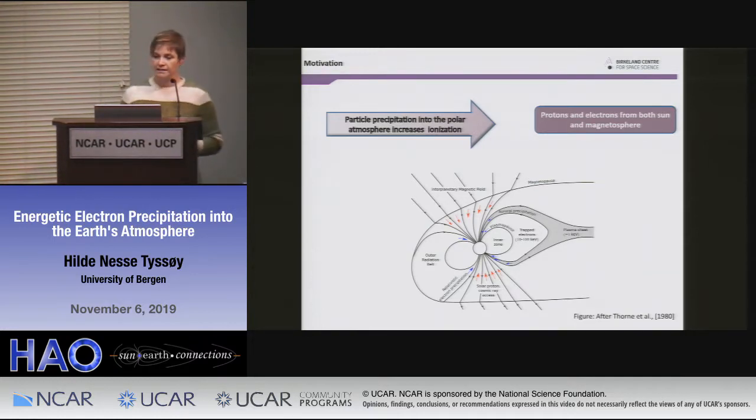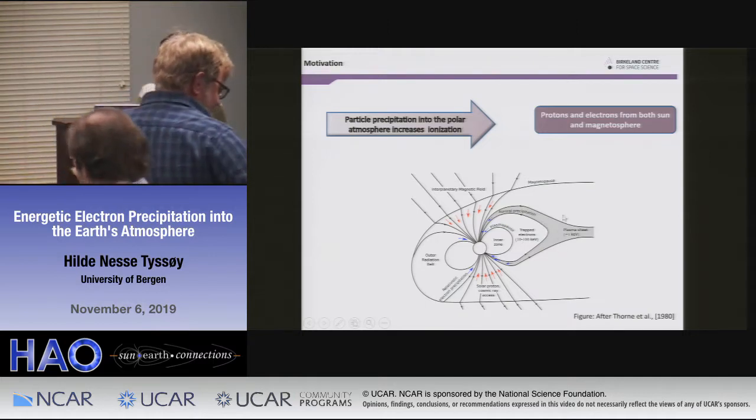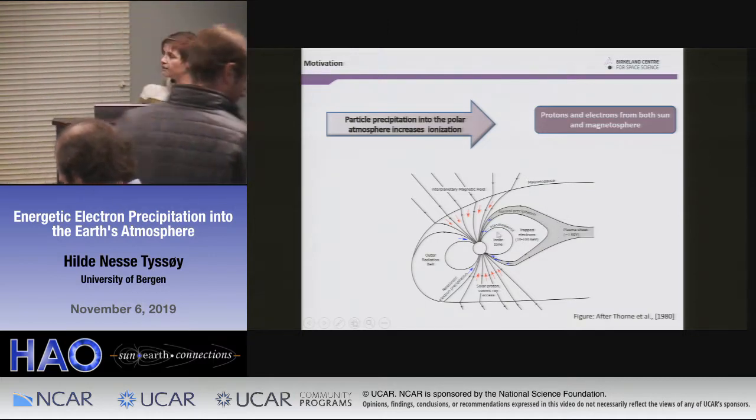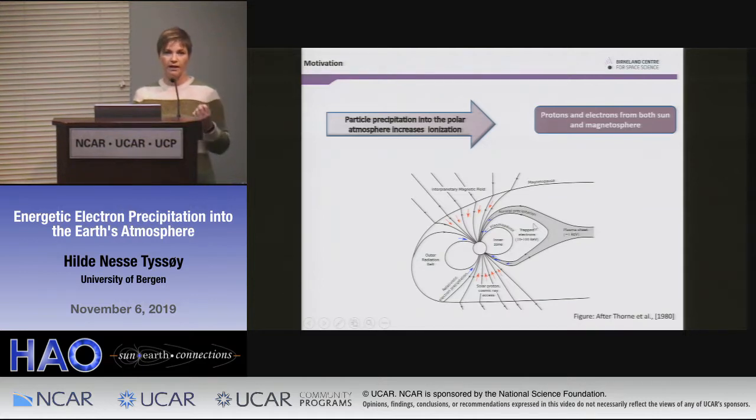So particle precipitation can hit our atmosphere coming directly from the solar wind through these rare solar proton events, and then they will deposit their energy all over the polar cap. But typically, more frequently, the particles hit the atmosphere coming from our magnetosphere, either from the plasma sheet, where we have the auroral precipitation, or the trapped population, the radiation belt particles, from a little bit closer to the Earth.